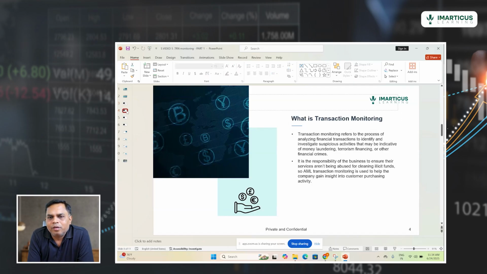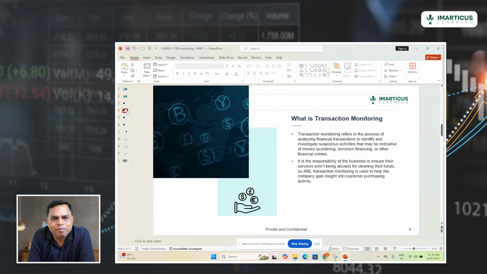To explain briefly, transaction monitoring is the process where a bank or financial institution analyzes transactions to understand their nature and purpose. What are the things that are analyzed? First, who is the recipient or who is the payer.